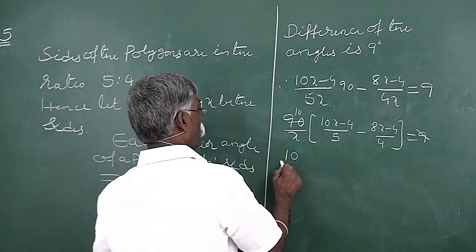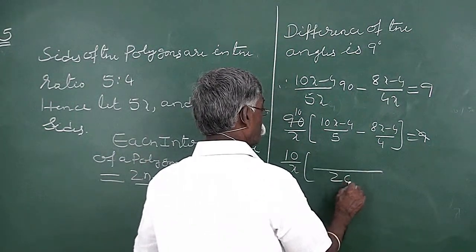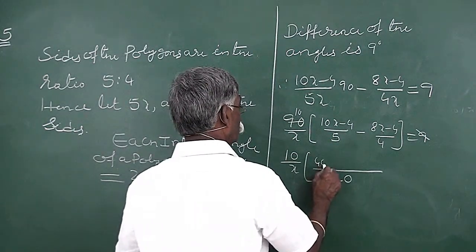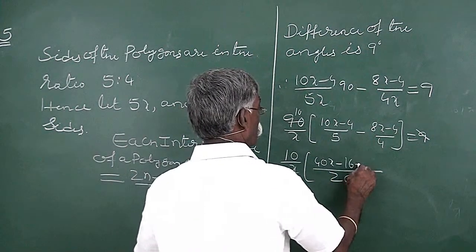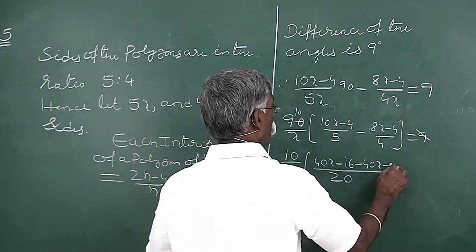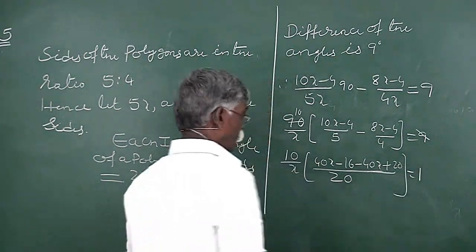Therefore 10 by x, the LCM is 20, and this becomes 40x minus 16 minus 40x plus 20 is equal to 1.